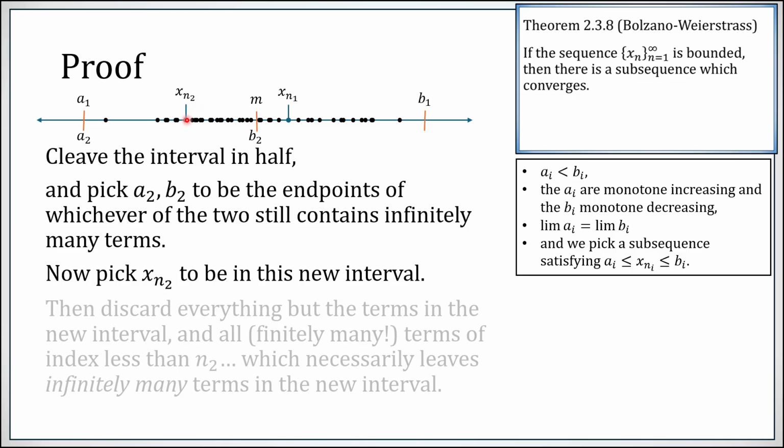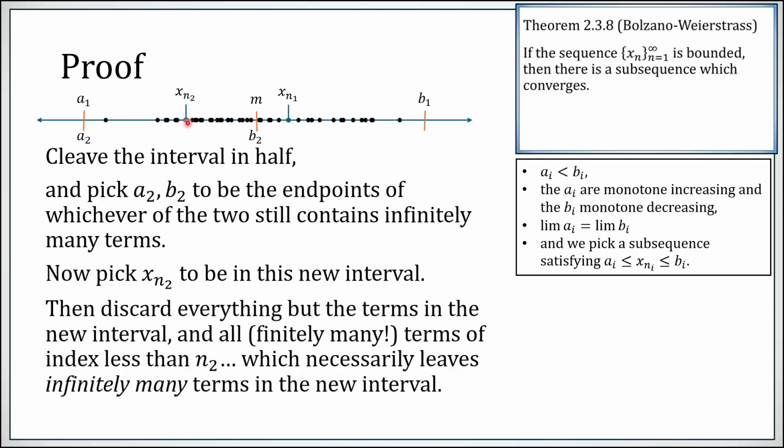Doesn't particularly matter. Now what you do is you throw away all terms of the sequence whose index is up to n sub 2. But n sub 2 is a finite number. So what remains are infinitely many terms of the sequence, and specifically infinitely many terms in here. I started with infinitely many terms in here, and I threw away finitely many terms just up to that index.